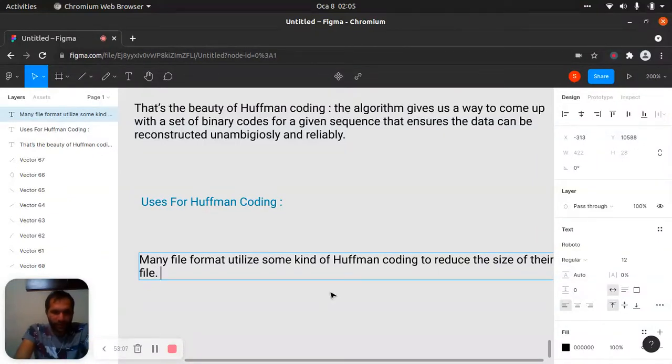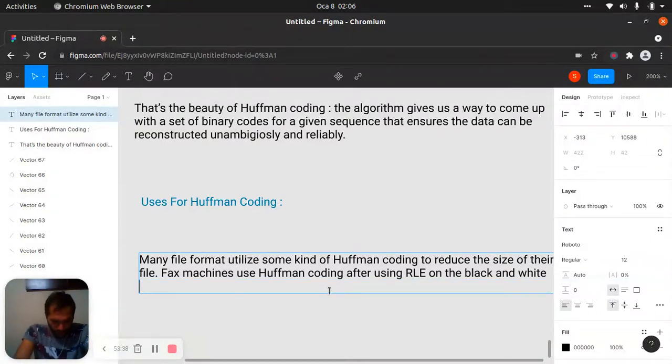Fax machines use Huffman coding after using RLE on the black and white runs.